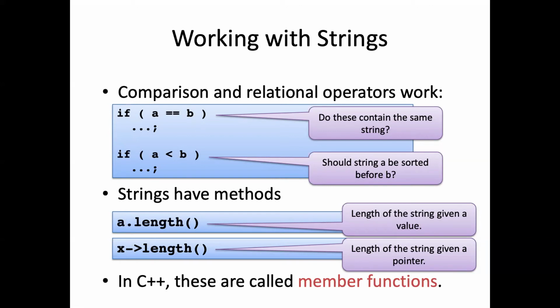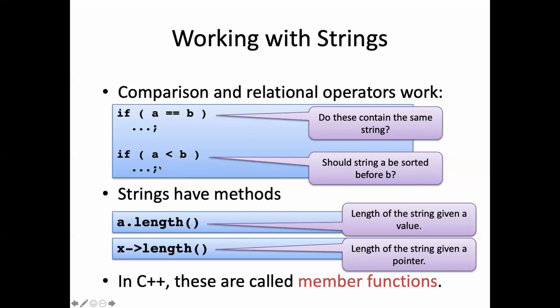I know in Java, if you want a deep comparison of strings, normally you call the dot equals method on one of them and pass the other as a parameter. But here you can use the equal equal operator or any of its friends like not equal. Less than compares strings lexicographically. So if A comes before B in lexicographic order, this will evaluate to true. So that's kind of handy.